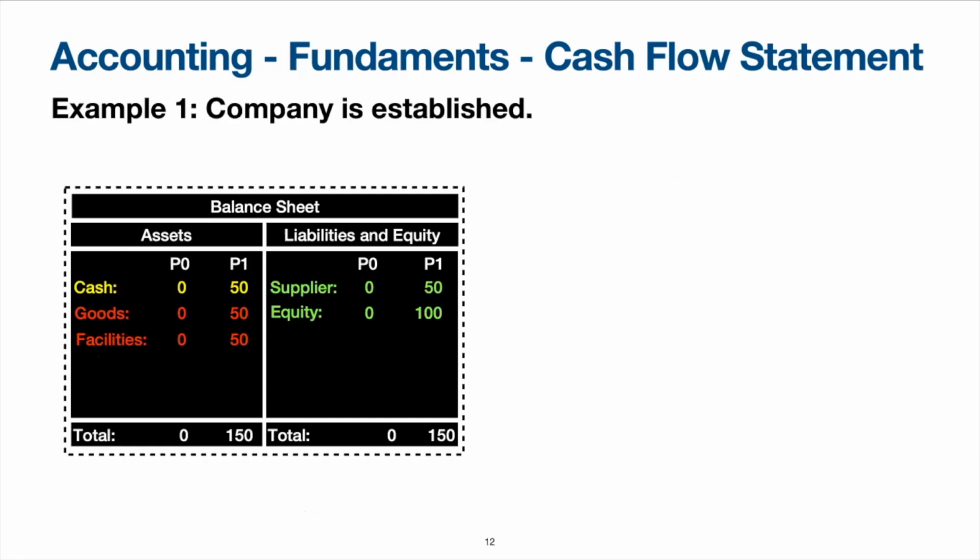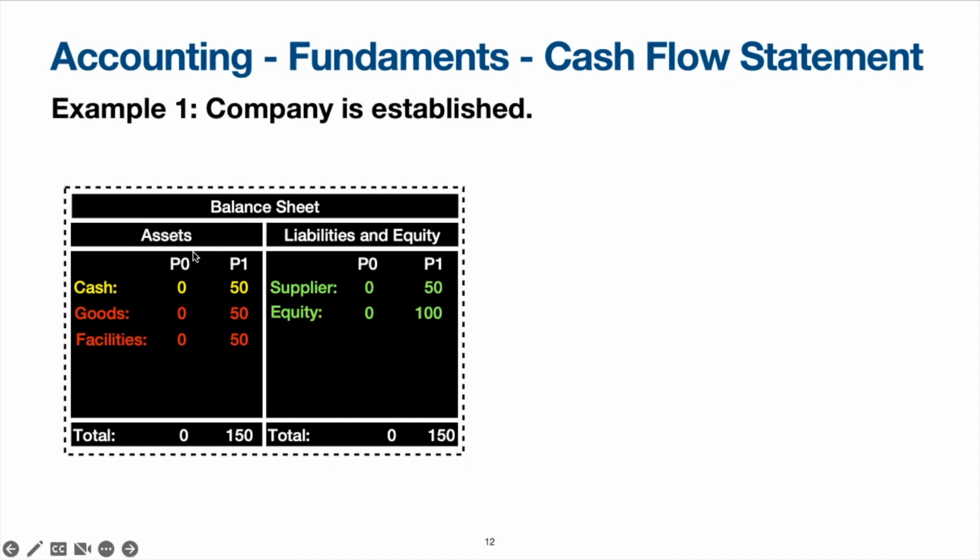Example number one, a company is established, okay? If you have seen our first video, you will see that we are using the same examples. We are using periods here. You see here P0 and P1. This P0 is, let's say, when the company has nothing yet. And P1 is when the company starts having something, investments from the investors, buying goods or whatever.